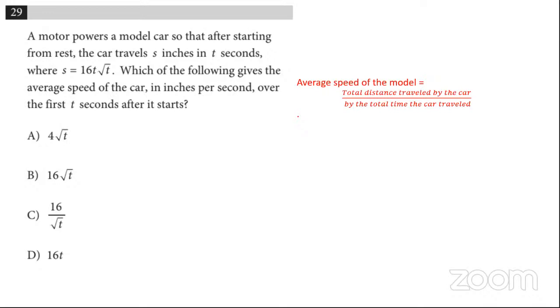Using the equation s equal to 16t root t and the equation for the average speed, we can directly find the solution. Try it out. So basically we need to know the total distance traveled by the car and the total time traveled, which will be s by t, right? And s is given by 16t root t. Just substitute the values and you'll get the answer.